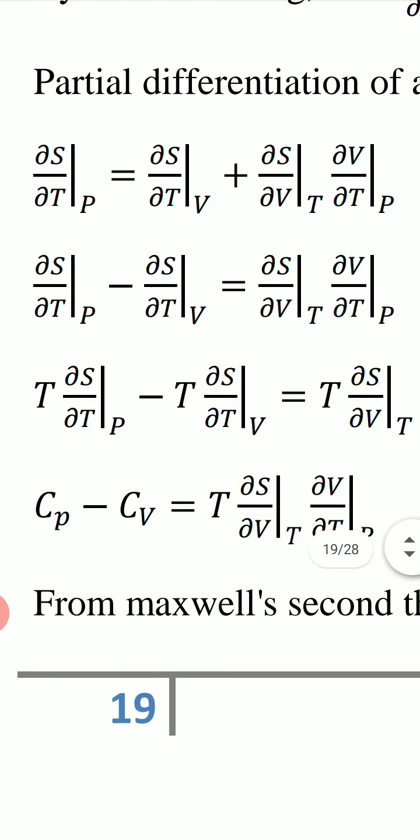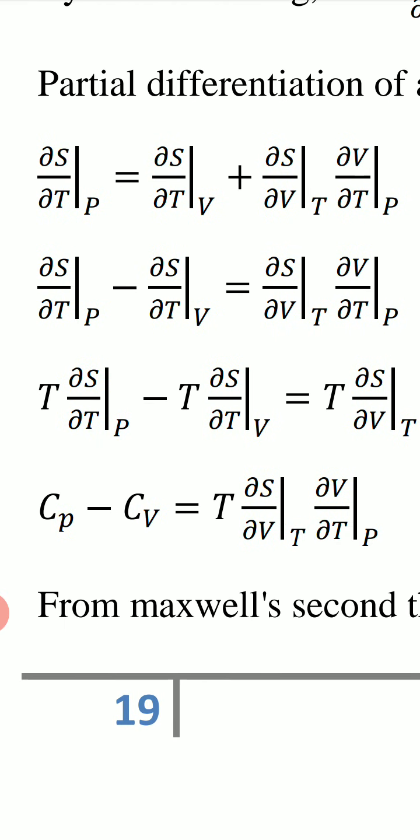If we multiply by T, the left hand side will become Cp minus Cv. So we multiply by T in the left hand side and right hand side.